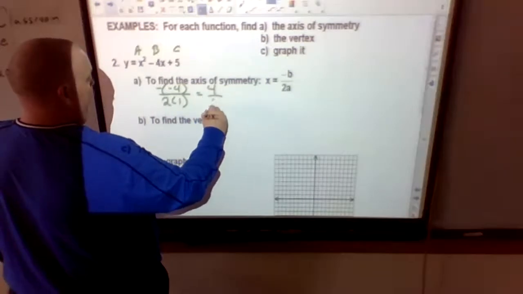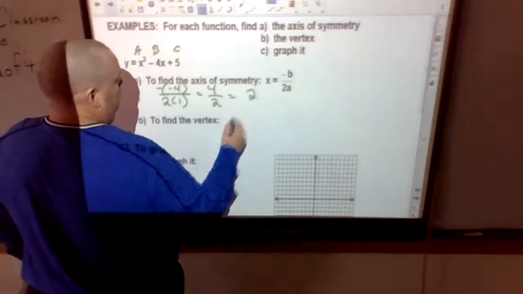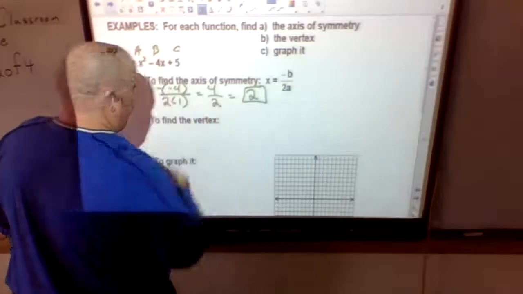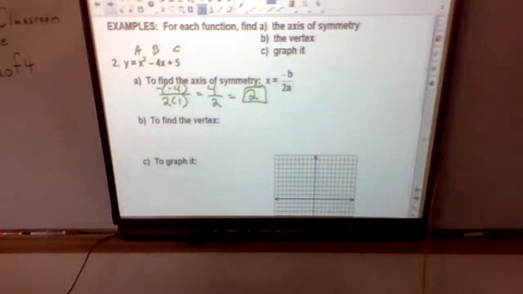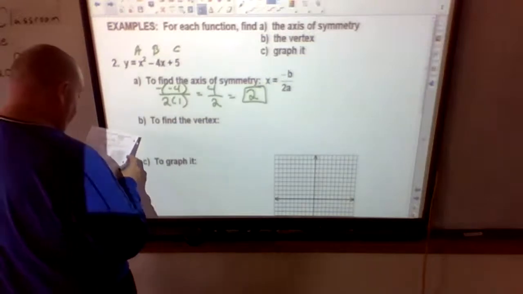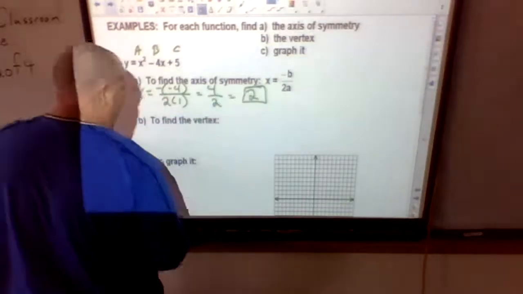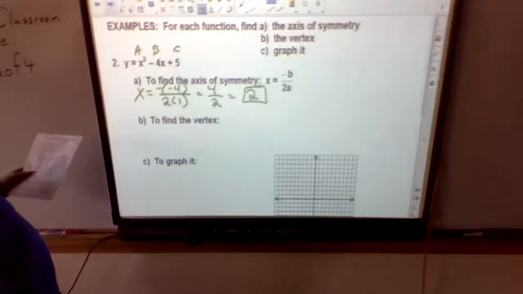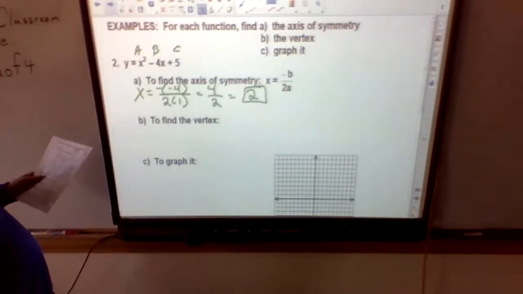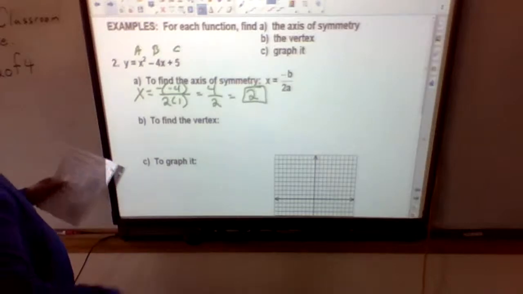So 4 over 2, which is just 2. So the axis of symmetry here is going to be x equals 2, because that's what the formula is. So to find the vertex, because it's on an axis, how do we know it's on an axis?